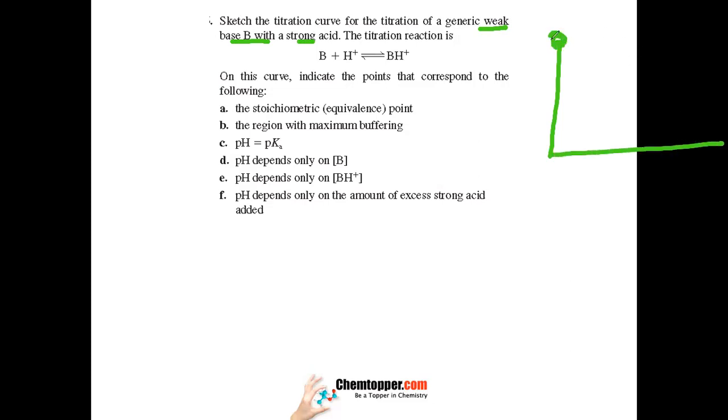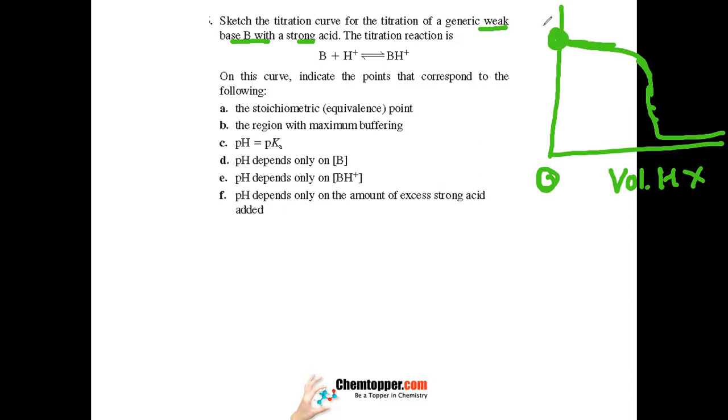So I start from high pH, and here I'm adding volume of acid, initially 0. The graph will go like this, children. Like this. This is how the graph will go.